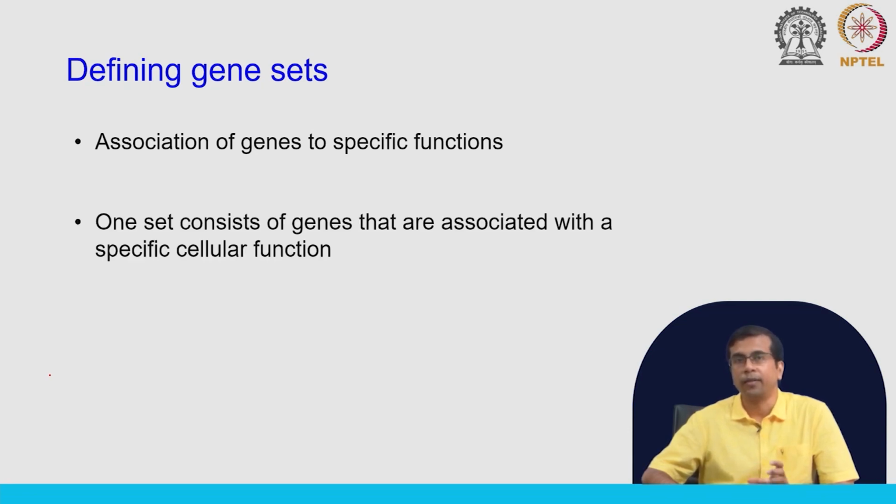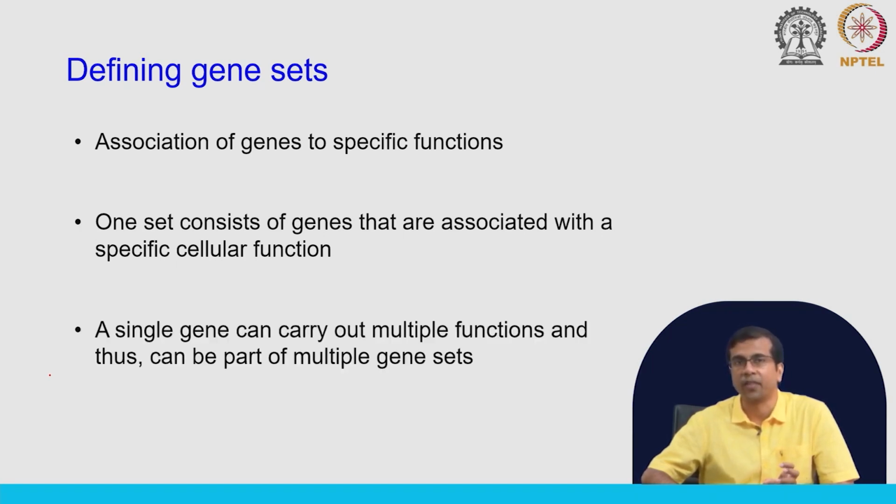One gene set consists of genes that are associated with a specific cellular function. Let us say you have glycolysis genes that are involved in glycolysis, ATP synthesis genes, TCA cycle genes and so on. So, you have these gene sets that are associated with specific cellular functions. The other point that you should keep in mind is that a single gene can carry out multiple functions.